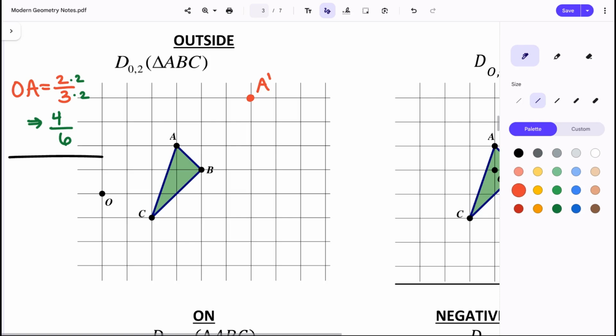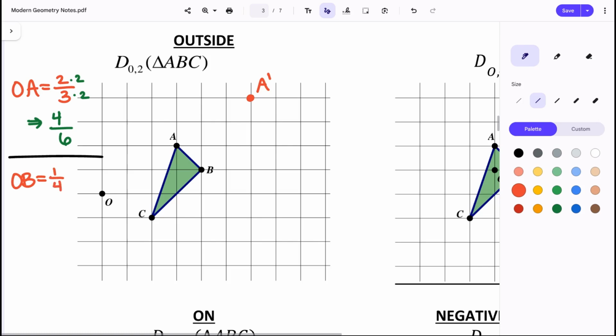Okay, and we're going to start over. I'm sorry. You're good. And we're going to do this now for O to B. What's my slope from O to B? Up 1 over 4.